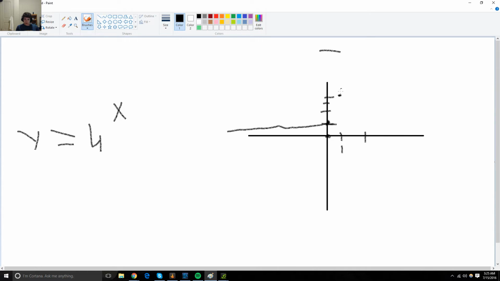Like that. It goes infinitely more. It increases at an increasing rate, if that makes sense. If not, you'll figure it out. And yeah, cool. Next.